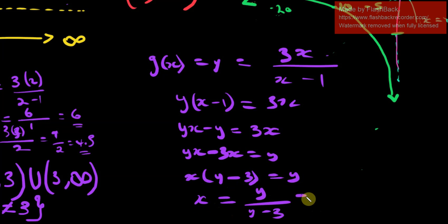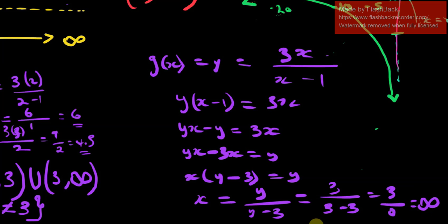Okay, so if y was 3, what will be our answer? This will be 3 minus 3, which is 0, and 3 over 0 gives us undefined. So there you have it.